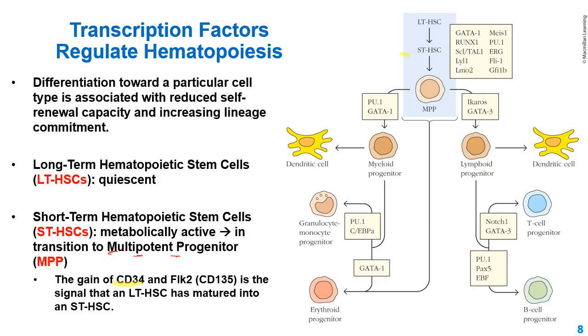When your precursor cell starts to express CD34, it is assigned to become this MPP cell, which is in transition and is going to decide whether it's going to take the myeloid path or the lymphoid path. Up to this point, the receptors on those cells are the same for both pathways. The cell is becoming more and more specialized in expressing receptors.